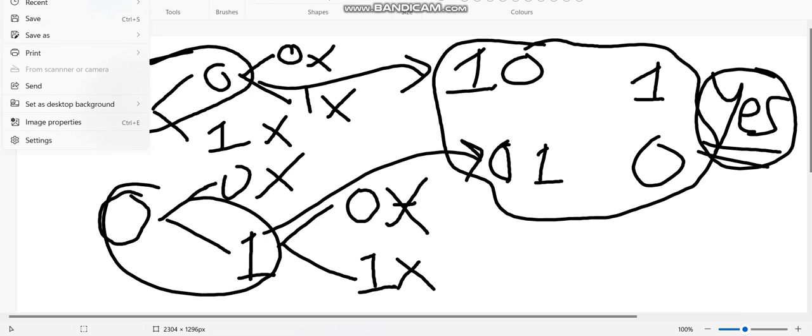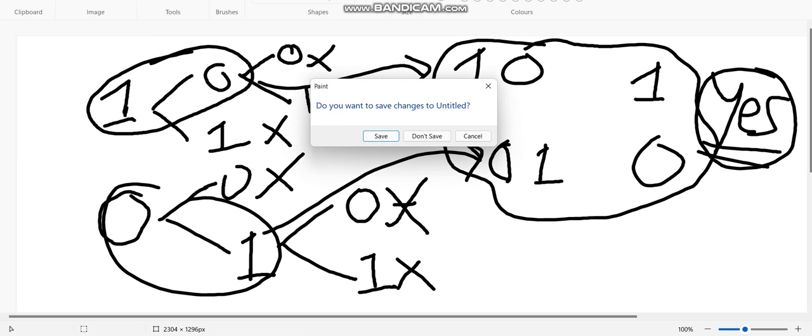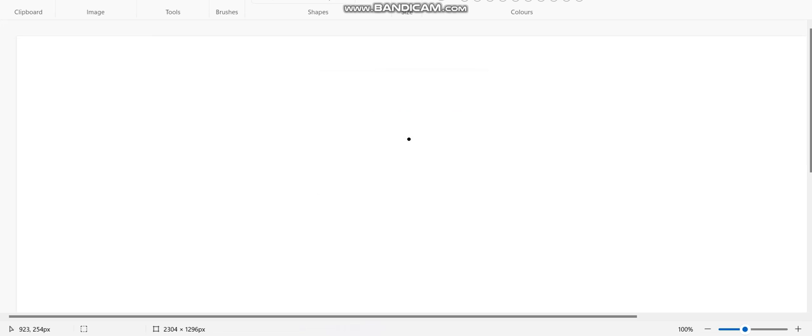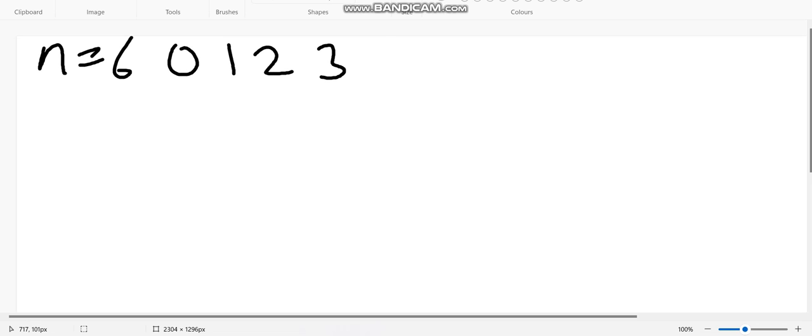I will draw it from here. Now I will take the case where n is equal to 6, so the numbers will be 0, 1, 2, 3, 4, 5. Not 6, only up to 5.